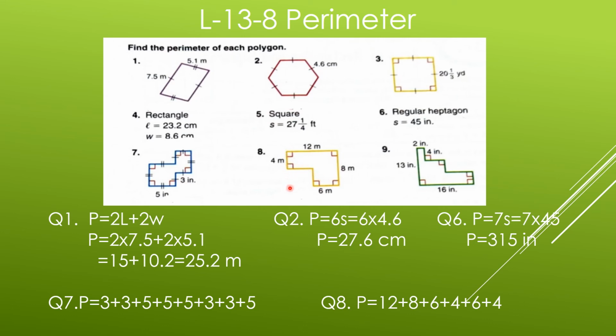What is the remaining one? 4. That's why this one is 4 and this one is 6. Then you write 12, 8, 6, 4, 6 and 4. Then you can see what is the answer. You can add all together, it is 32 inches, and in this one all together what is the answer? 40 meters.